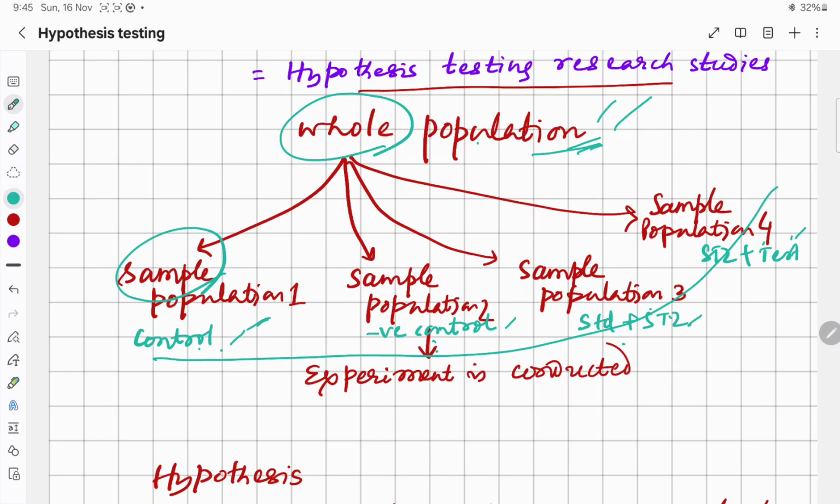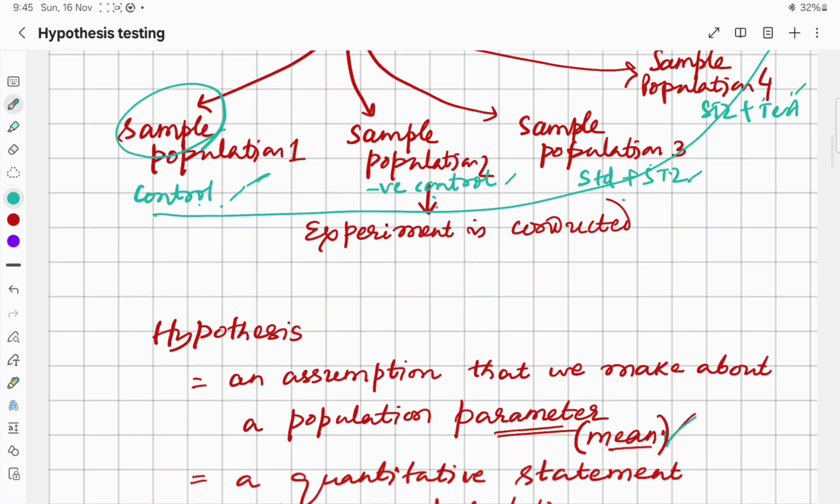Between the groups there is difference. That is alternate hypothesis. But when we assume that there is no difference between the sample populations, all are coming from the same whole population, all are representing the same whole population, then that is called null hypothesis.